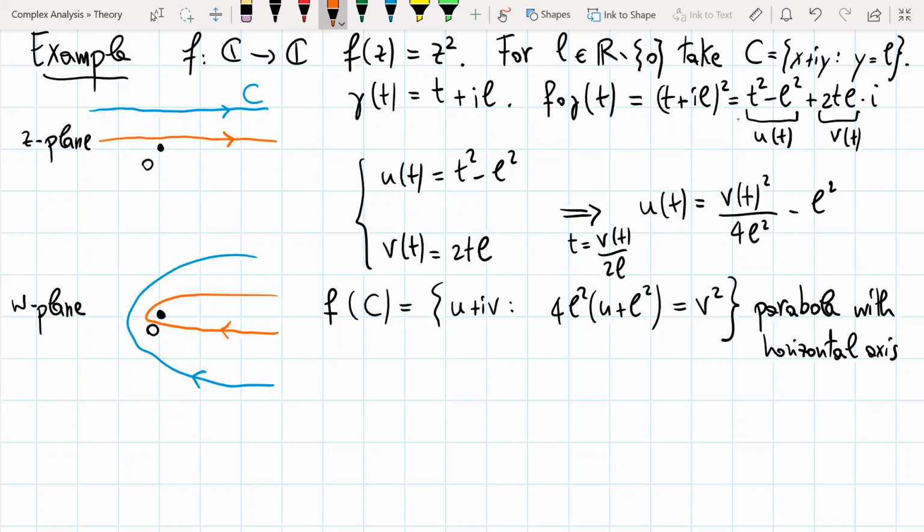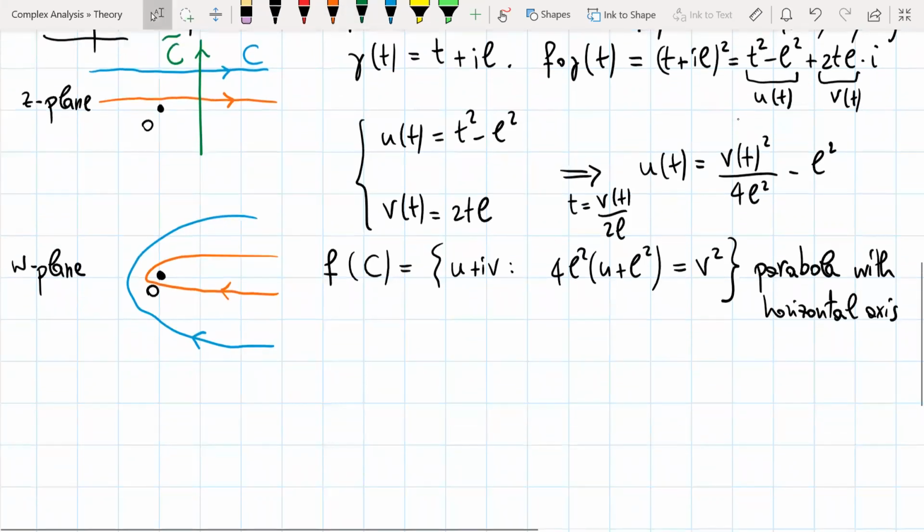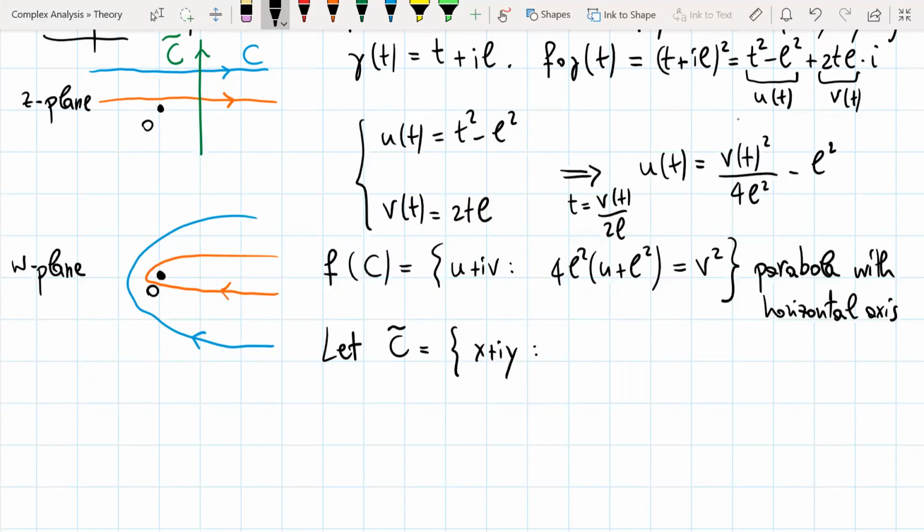Now we can do the same job for curves which are parallel to the y-axis. Maybe I can call this curve C tilde. This curve C tilde can also be written as the points x plus i y, with the property that now x is fixed, equal to some k, where k is also a real number different from 0.